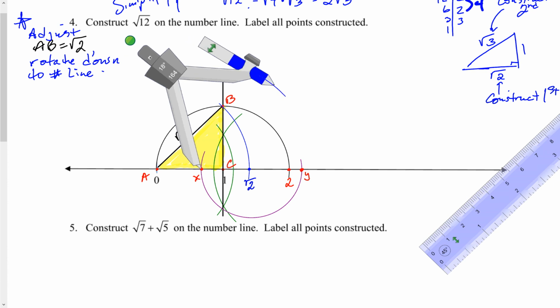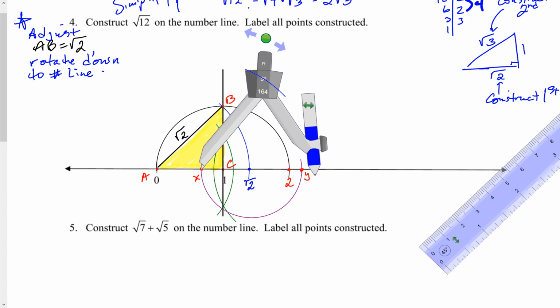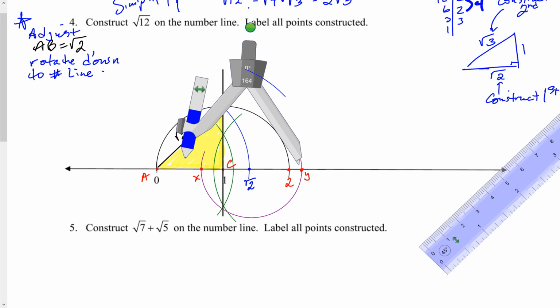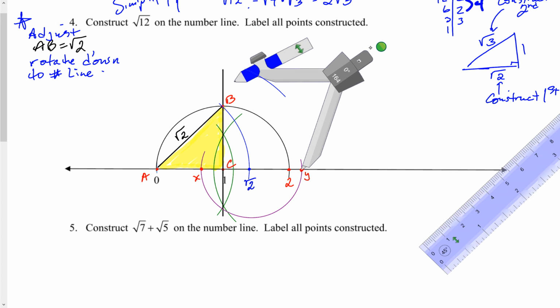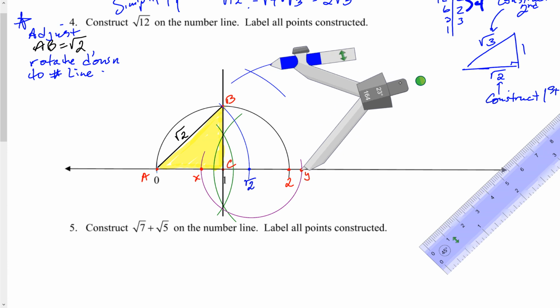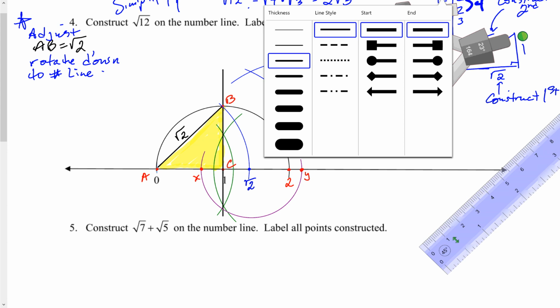Just construct 2 arcs up here, one from X, and then the other one from the other point right here, which is Y. Let's see if I can make this more accurate this time. So here we go. Let's test this out.